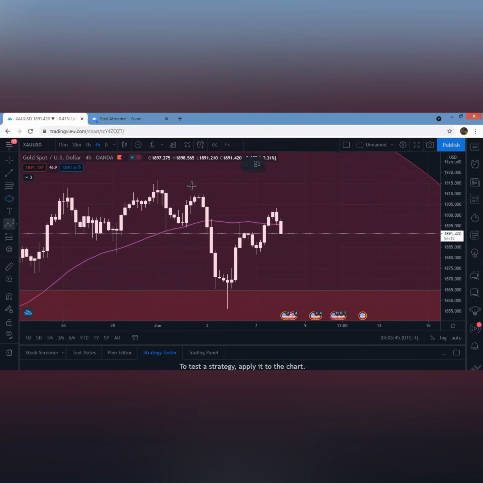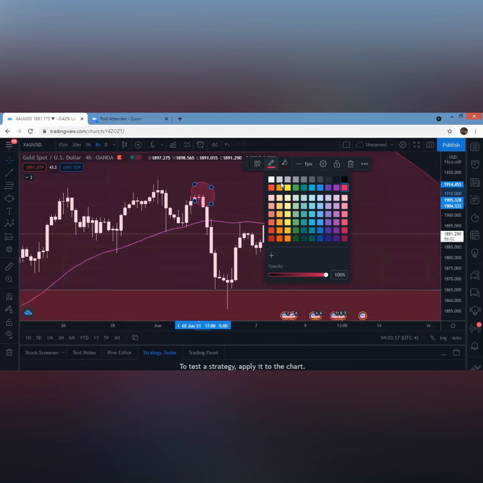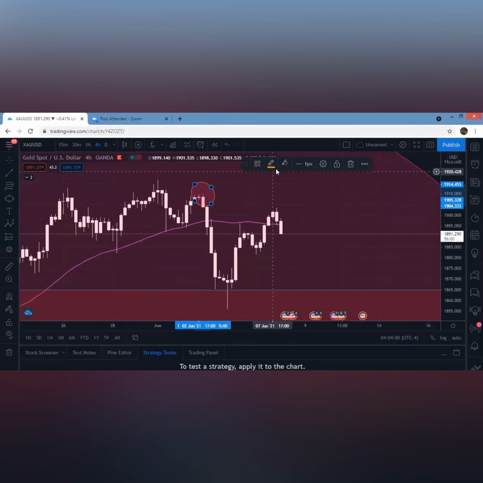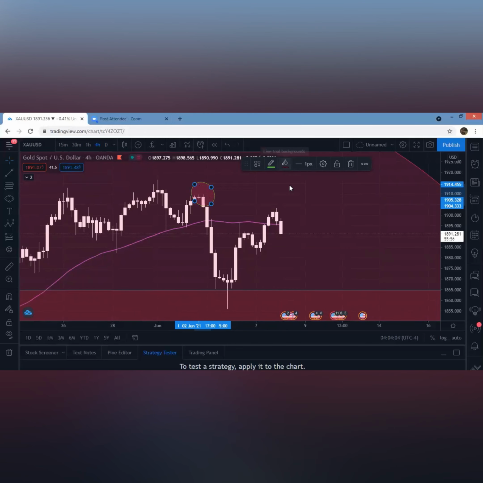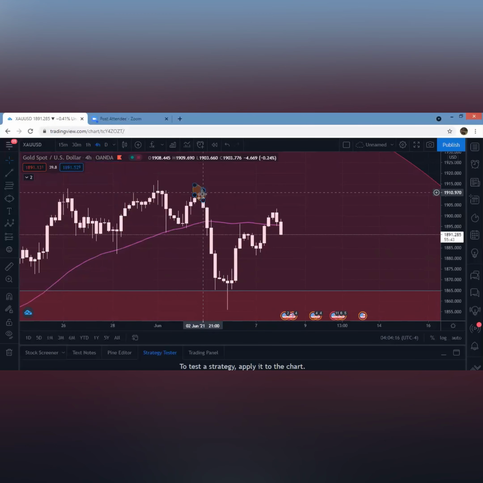I probably should do a different color, but it's cool for right now. So as you can see, this candlestick here, let me switch up the color. That didn't do much. Oh, I'm just changing the outline. Hold on, let me change it. Okay, there we go. So this candlestick right here, I tried to circle it the best way I could.